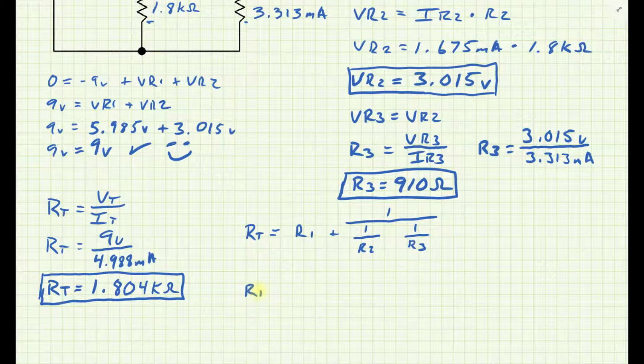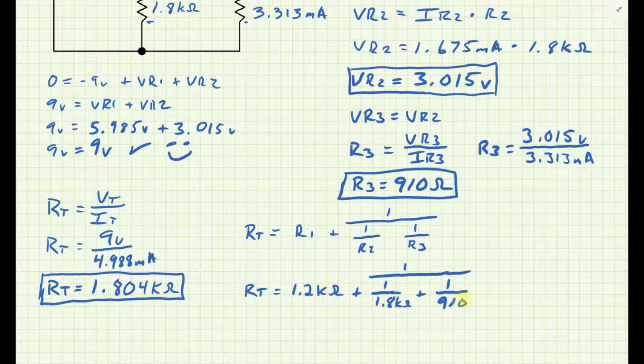Okay, so RT equals 1.2 kilohms plus our reciprocal formula, 1 over 1.8 kilohms, plus 1 over what we found earlier for R3, which is 910 ohms.